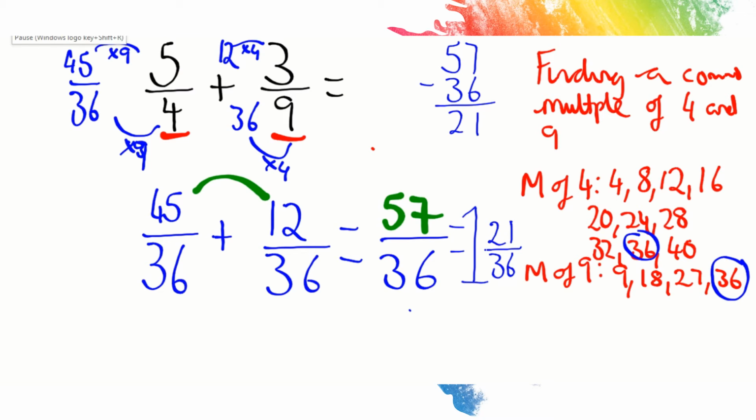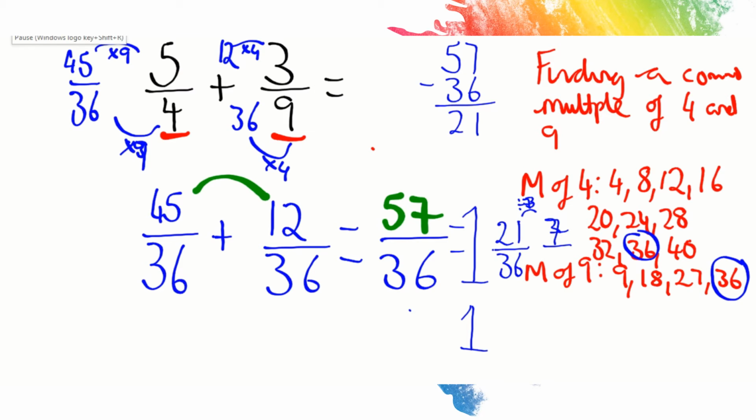Then I need to think about if I'm going to simplify it, but this time I'm not going to simplify it. Well, I could simplify it because actually they're both divisible by 3. So I can have 1 whole. And if you notice 21 can be divided by 3, which equals 7.